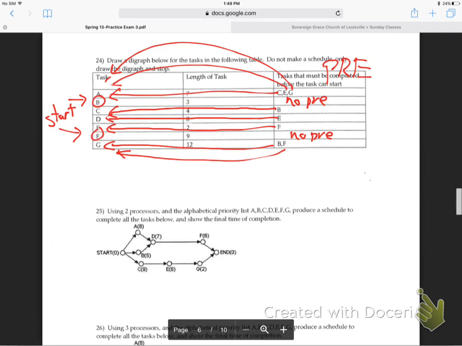B and F have no predecessor, nothing that comes before them, so they come from the start. The start points to B, and the start points to F. Good so far? Now where do we go from there? C, E, and G.